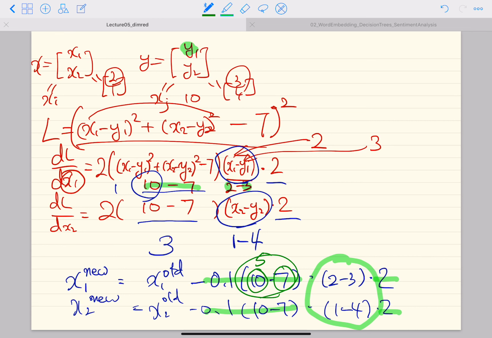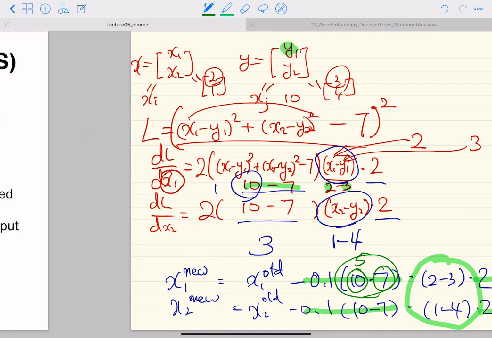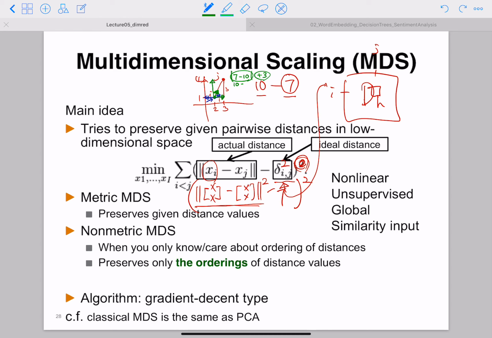So this is a simple example of how gradient descent is performed to compute this multidimensional scaling. Okay.